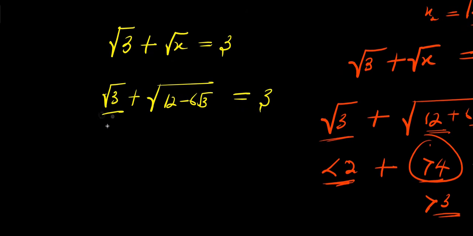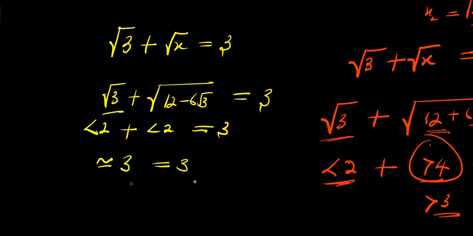Square root of 3 here is less than 2, plus square root of 12 minus this will be obviously less than 2 as well. Will it give you 3? Yes, very close, because this is about 1.7, so this is about 1.3 or so. So if you add them, you should definitely have 3. So this is approximately 3 from here, and this equals 3.